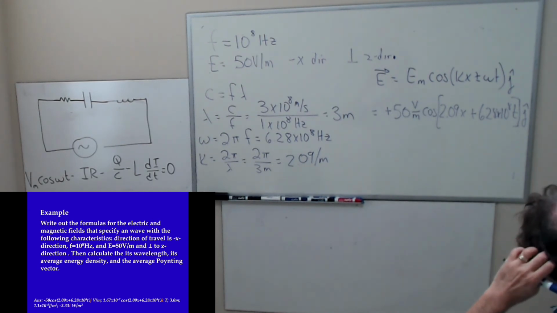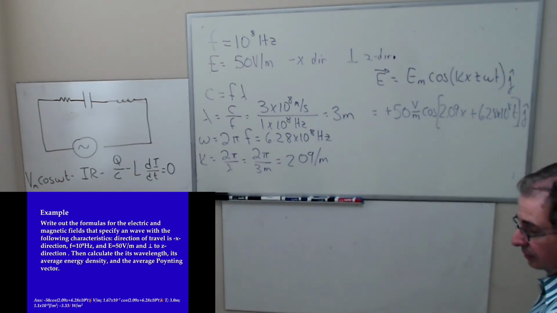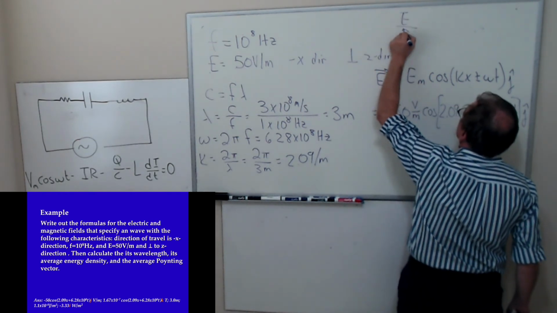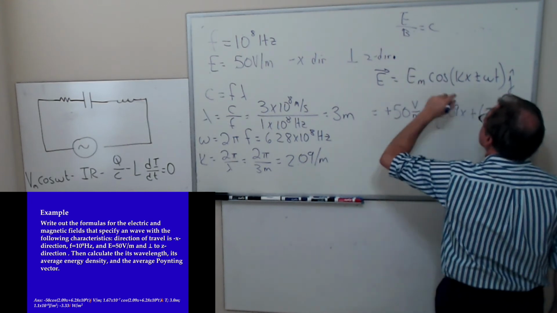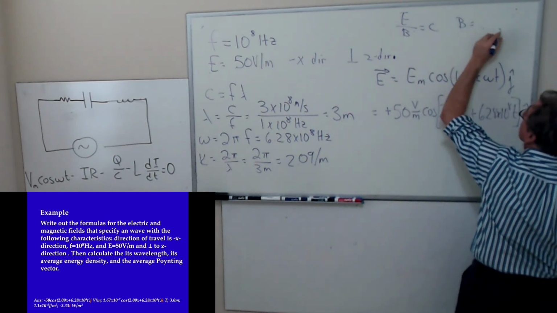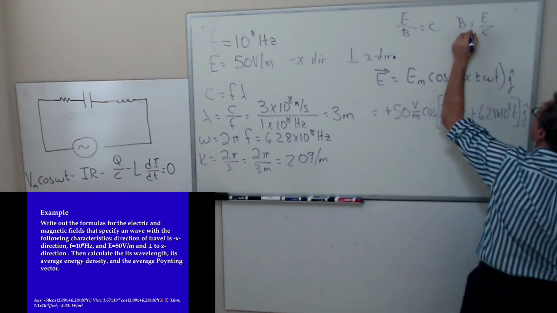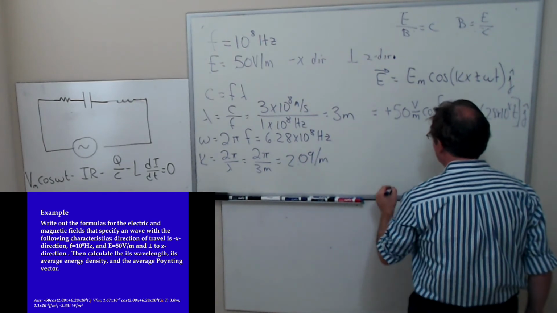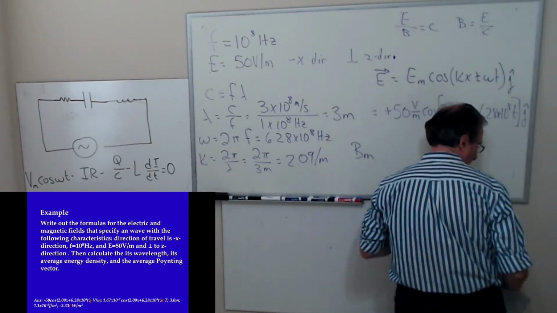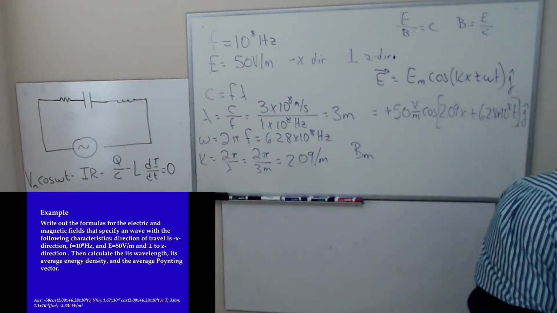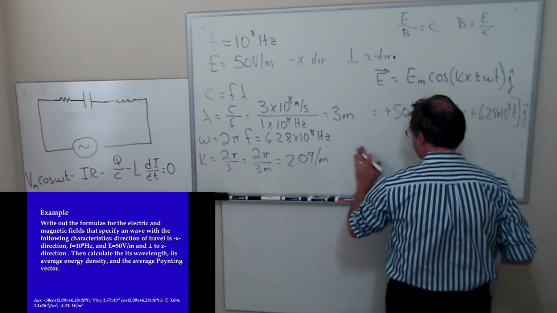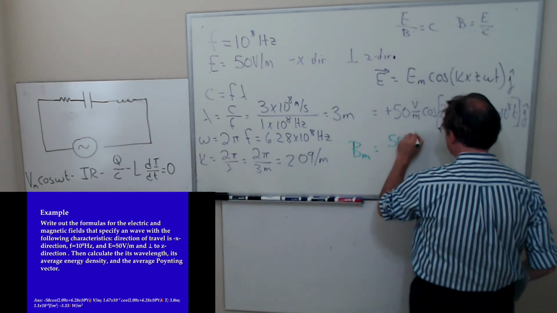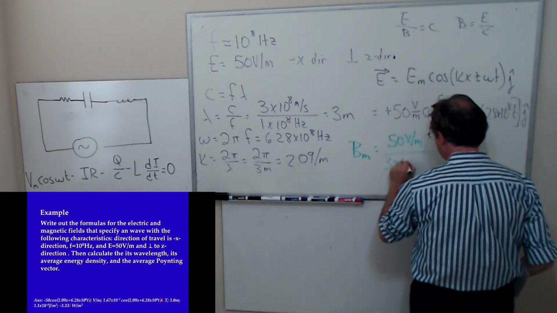Now, how do I write the magnetic field? Well, we know that E over B is c. So the magnitude of the magnetic field, B max, I'll use a different color. B max is going to be 50 volts per meter over 3 times 10 to the 8th.